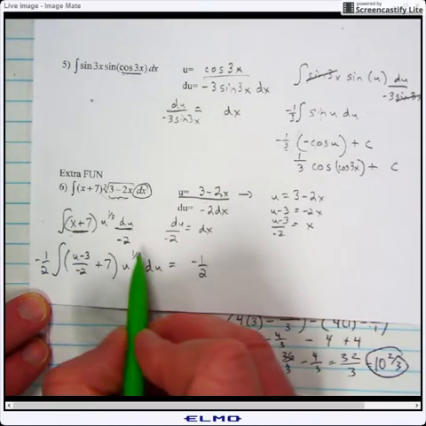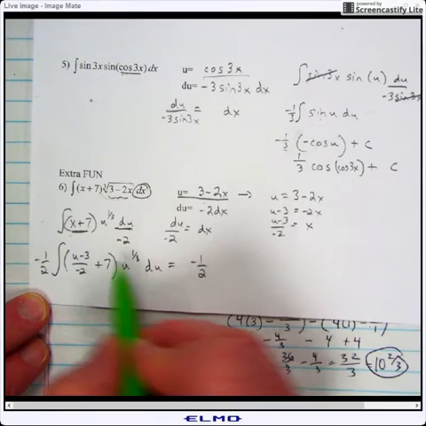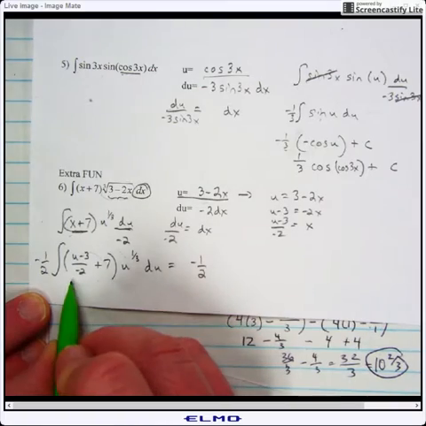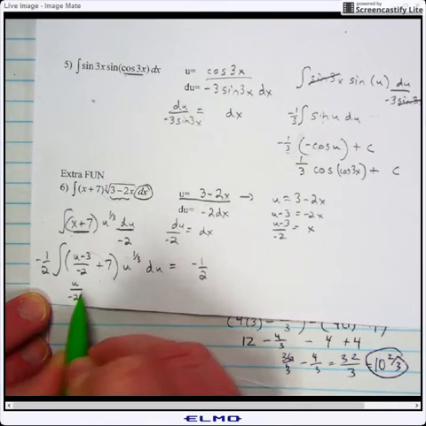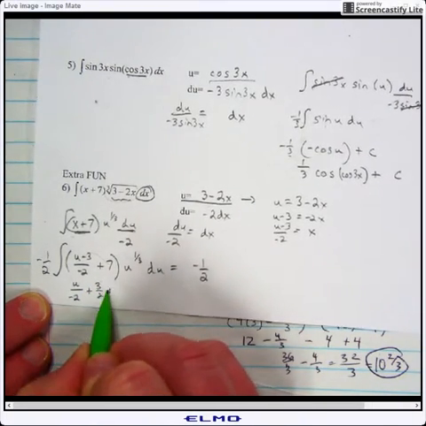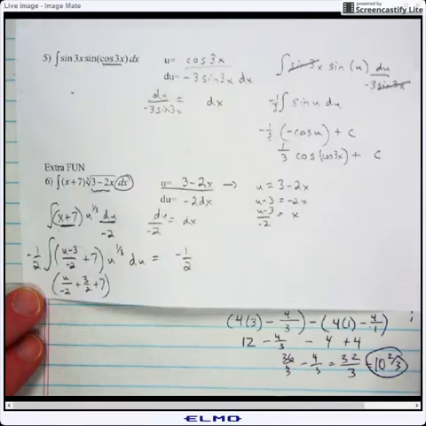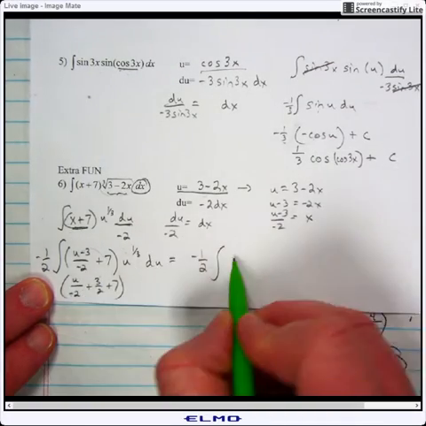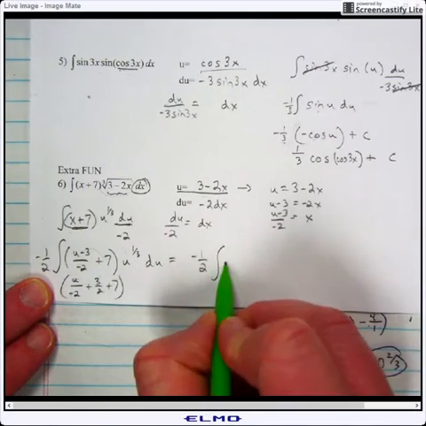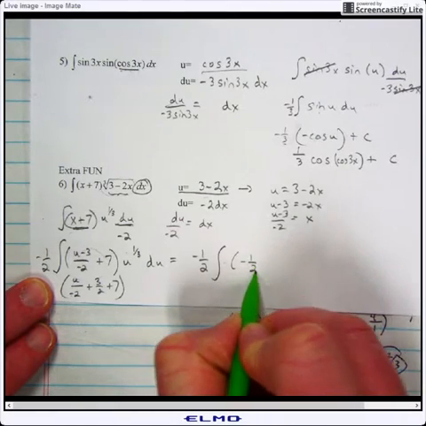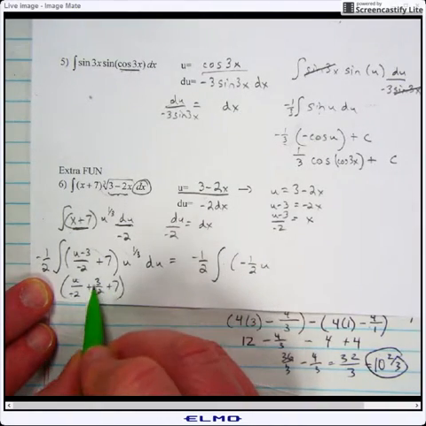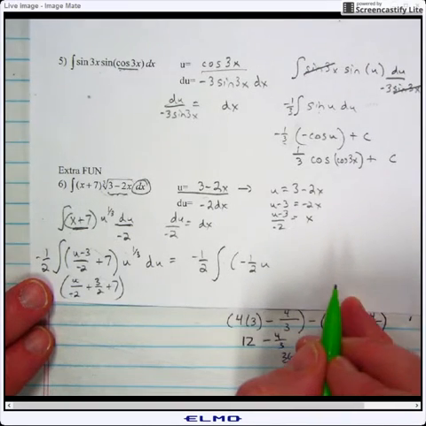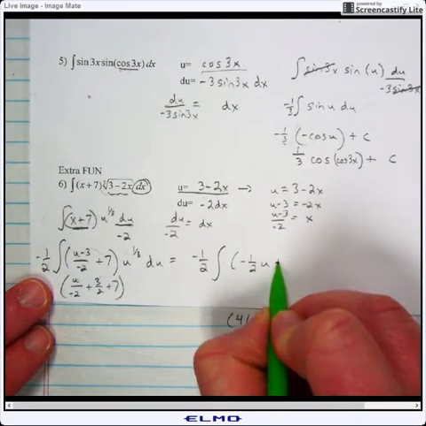And then distribute. If you want to distribute the u to the 1/3, or you can combine this into one term or split this fraction up. I mean, you got so many choices. I might just split that fraction up first. So this is -1/2 u. 7 plus 3/2 is 8.5, just 17 halves.